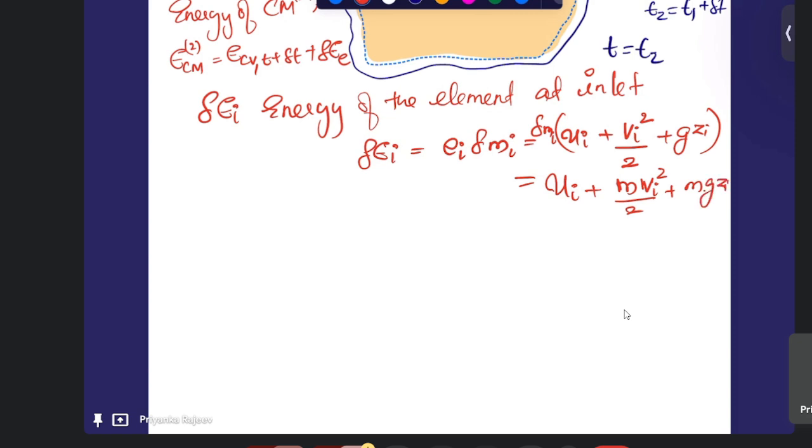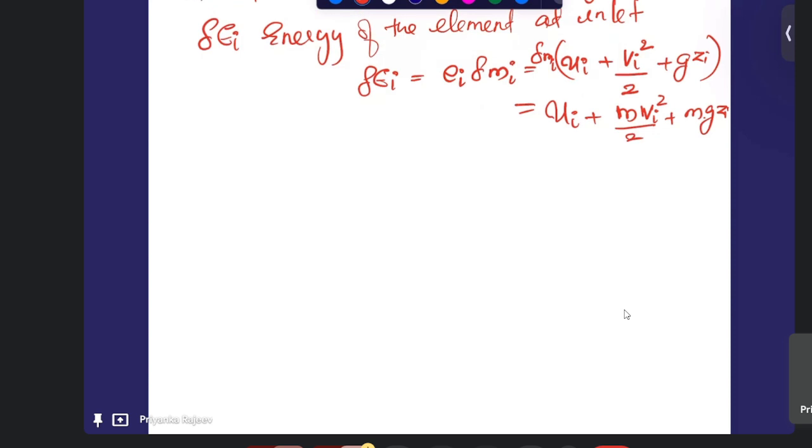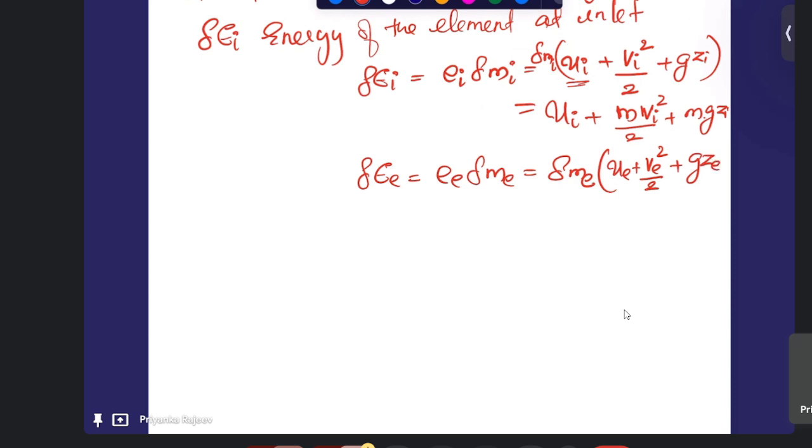This is also one way of writing. You are taking this mass outside for ease of calculation later on, that is why I have written it in these small specific units. Then similarly, delta EE can be written as delta me times ue plus ve square by 2 plus g ze.